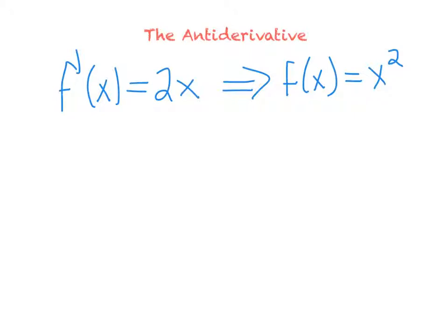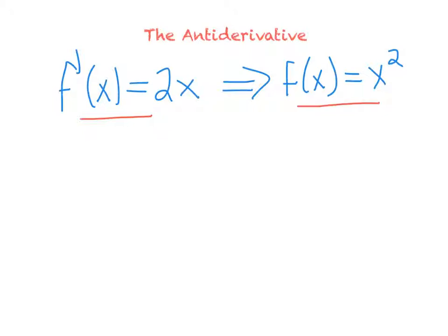So the derivative of x squared equals 2x. In this semester, we're going to work with the derivative, this one, and you're going to find the antiderivative. It's as simple as that, that's the definition.